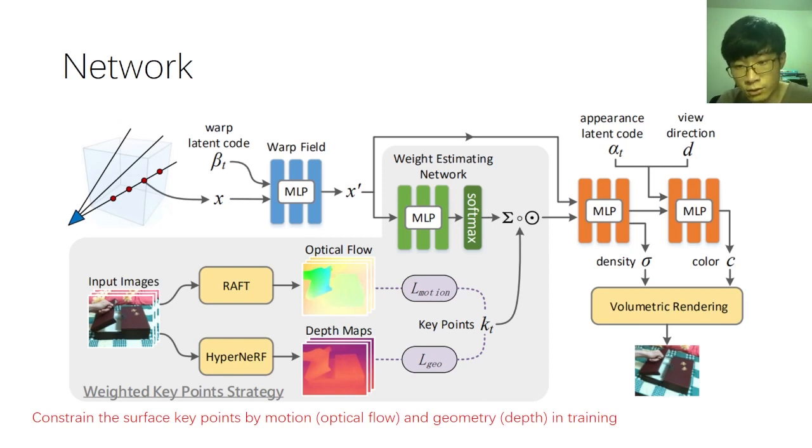Then we use a geometry loss to keep the key points on the object surfaces using the depth maps. Both the optical flow and the depth maps are obtained from previous methods and will also be used to track the key points for training initialization. Besides, we also use a warp regularization loss for the warp field and a reconstruction loss for the rendered images.